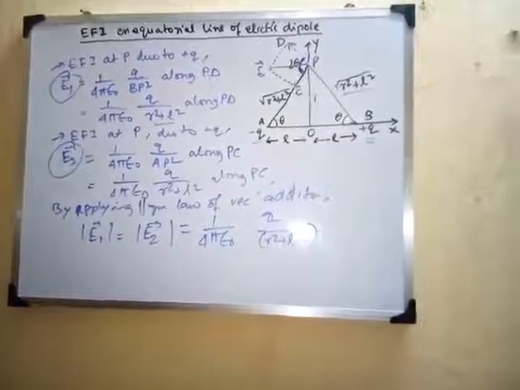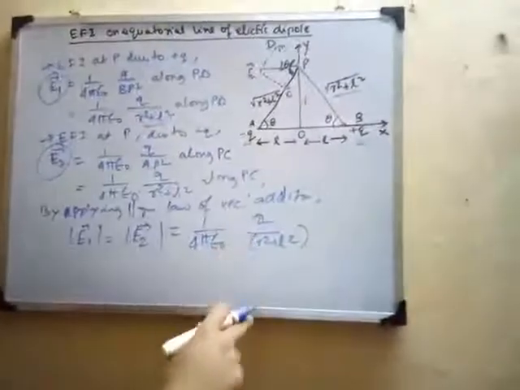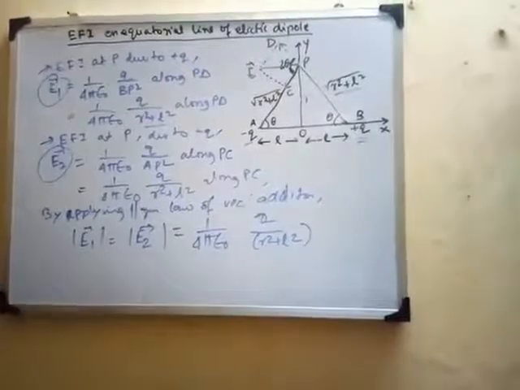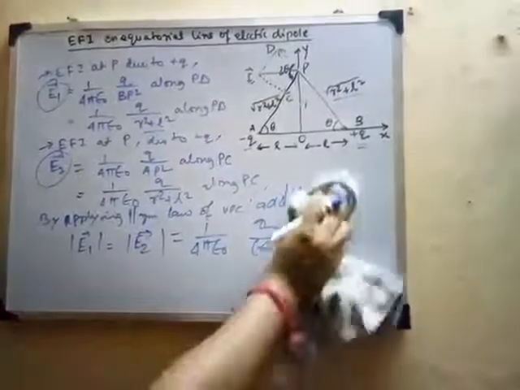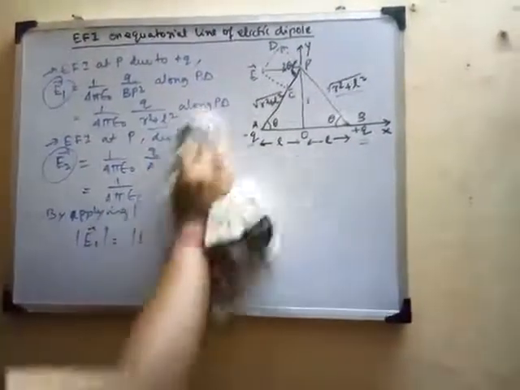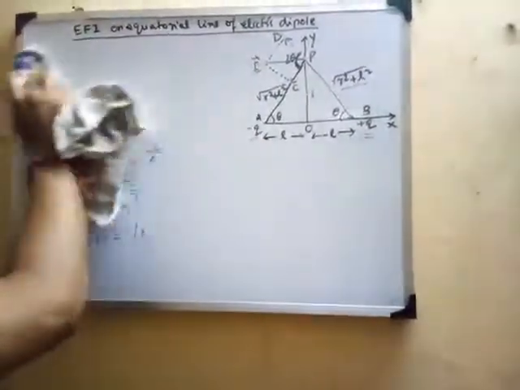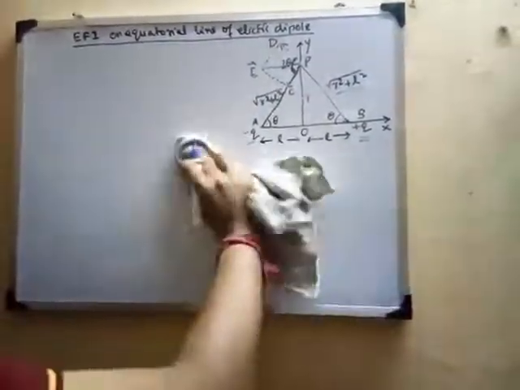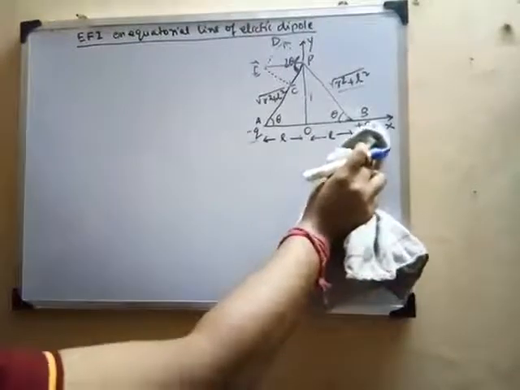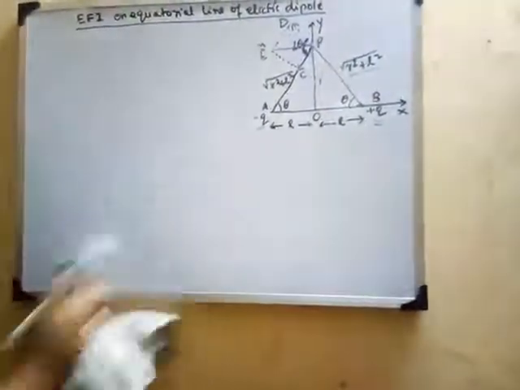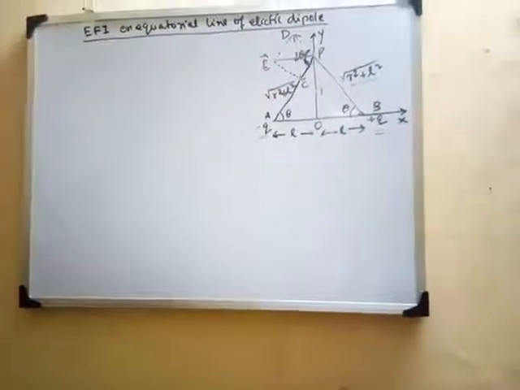Now we have to calculate the net electric field intensity. So let us omit this one and make some space. You can go back whenever you require and refer to the expressions which we have got till now.